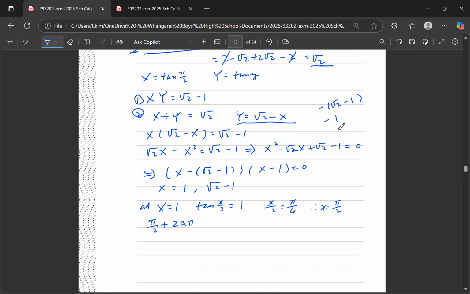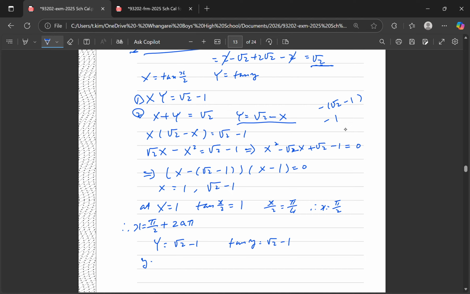Okay, so let's find out y, right? Do you remember when X is 1, how much is Y? So when X is 1, Y is √2 − 1, isn't it? So that means, what is y? Tan y equals √2 − 1.